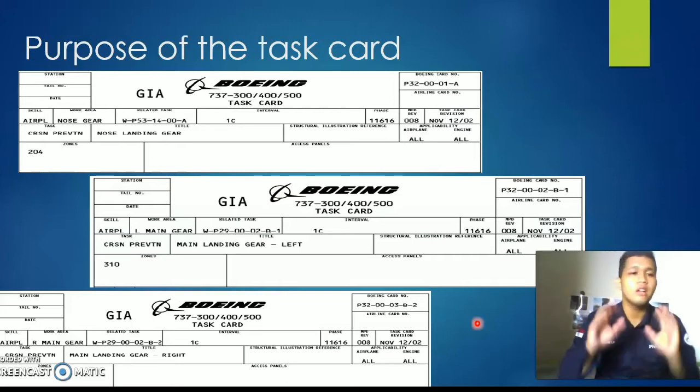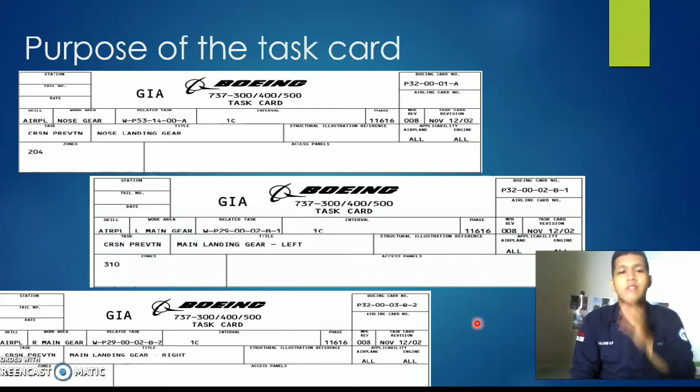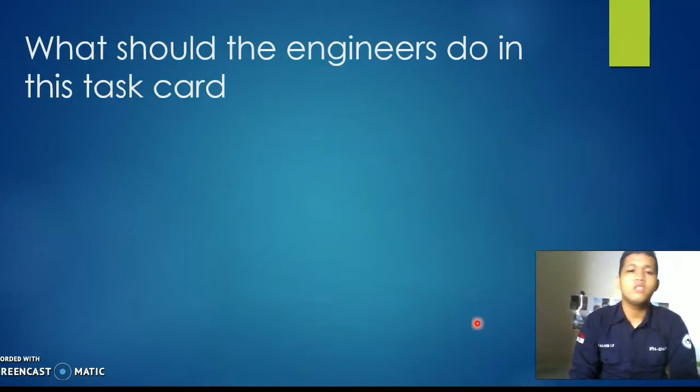So after we know the purpose of the task card and what we should do, it is the same applicability: Boeing 737 series. Continue to the next page. What should the engineer do in this task card?